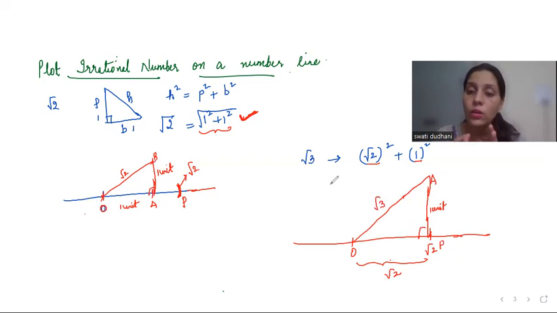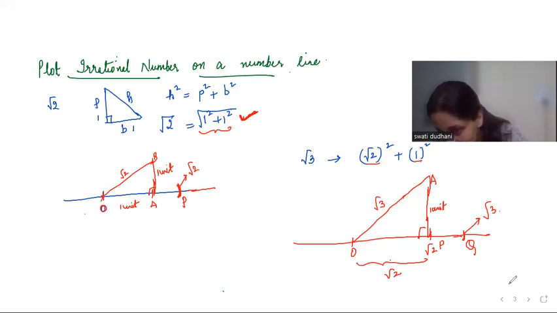Now taking your compass of the measurement OA, put your compass on O and cut an arc on the number line. So it will fall somewhere here. So this point Q is your root 3. So this is how we plot irrational numbers on the number line.